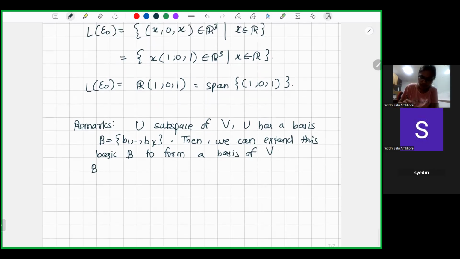Suppose this is B dash: B1 to BK as it is, and BK plus 1 to BN.